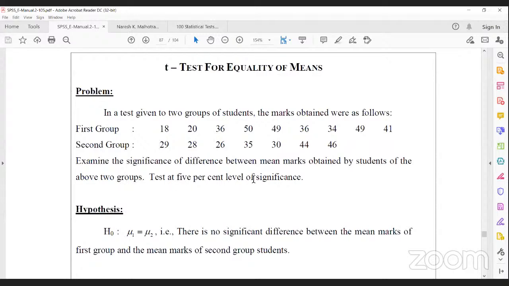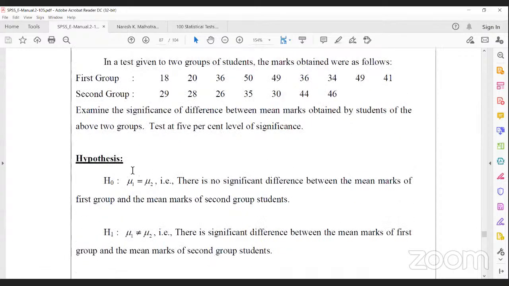Test at 5% level of significance. So the hypothesis we take is mu1 equals mu2, meaning there is no significant difference between the marks of the first group and the second group.